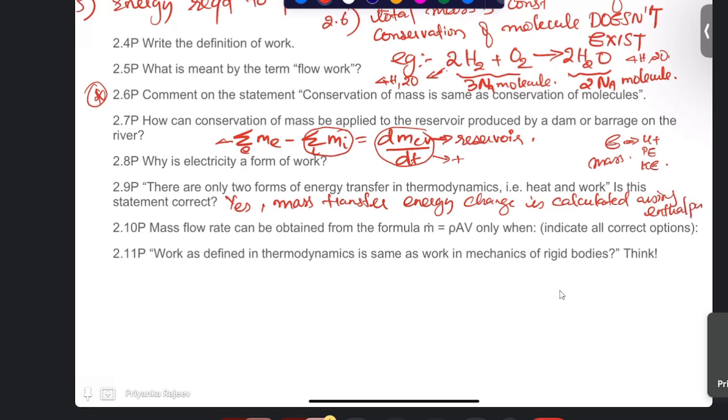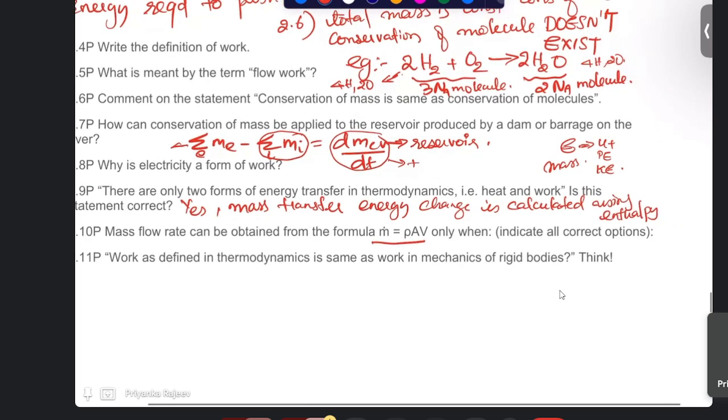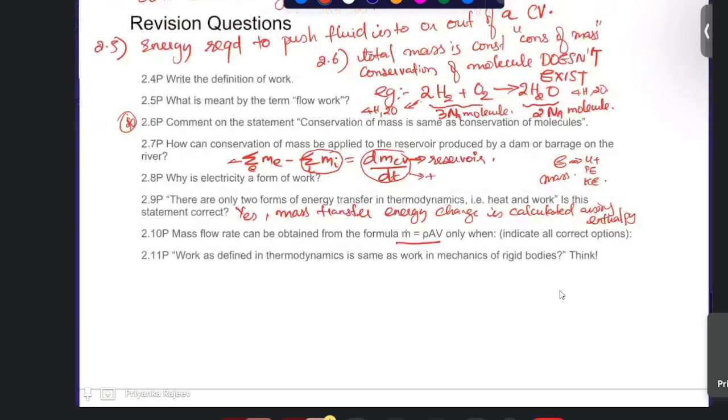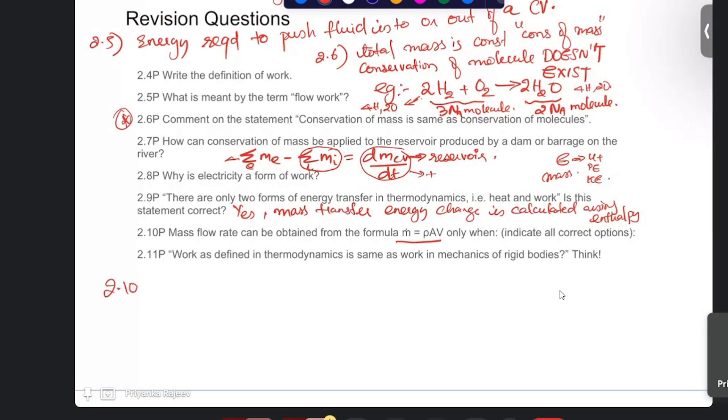Now, mass flow rate can be obtained from the formula rho A V only when... there were options also; I forgot to add that option. So the options are: flow is normal. I'll just write the answer.